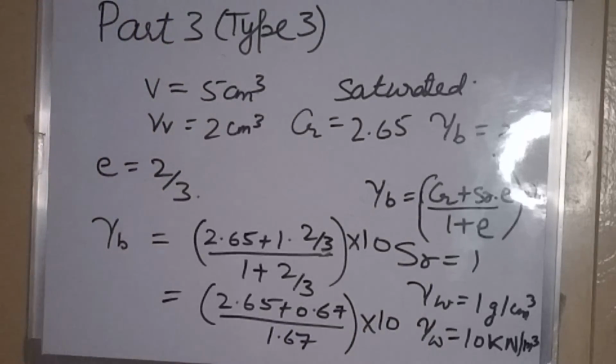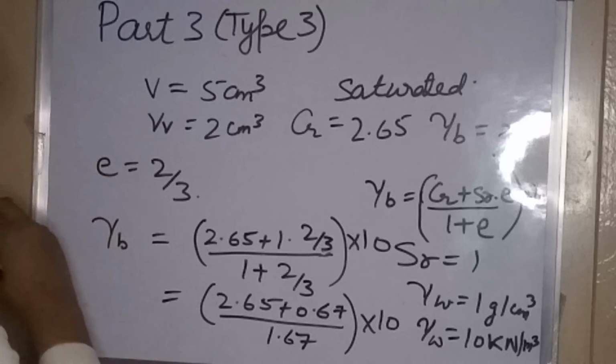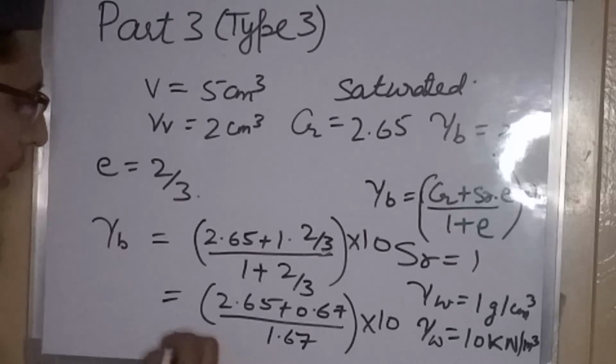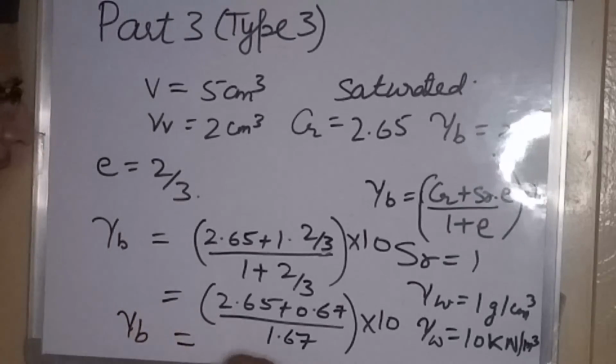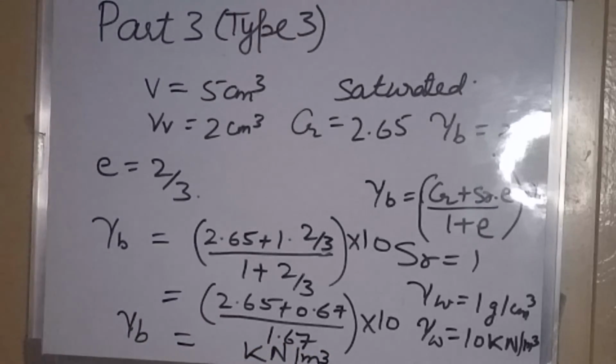So 2.65 plus 0.67 will be around 3.2, and into 10, that is 32 upon 1.67. We can simplify this and we can get the bulk density in kilonewton per meter cube.